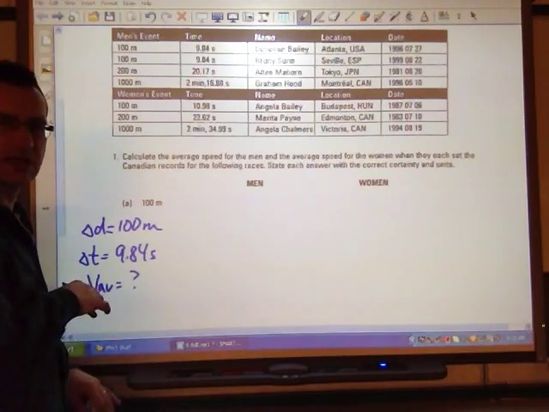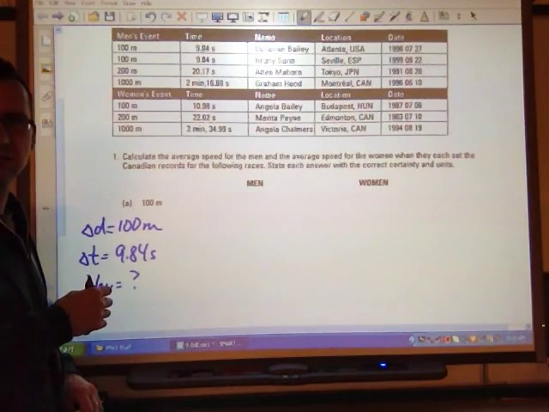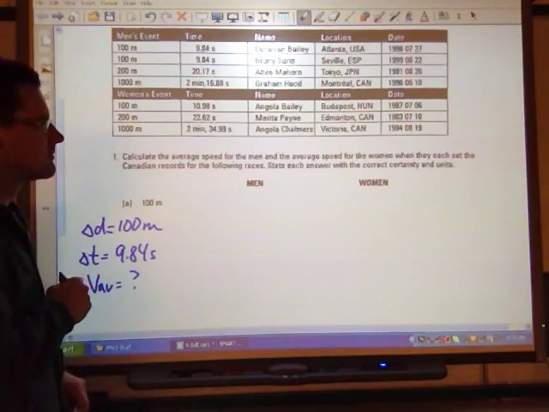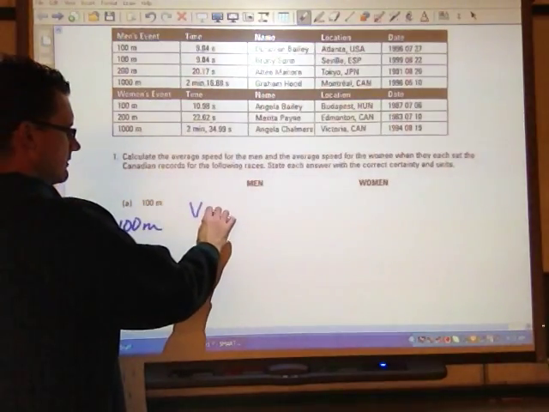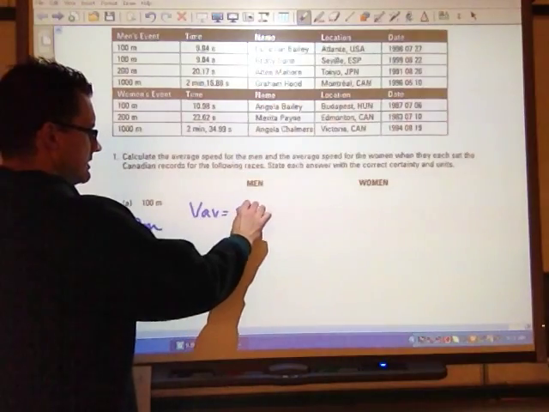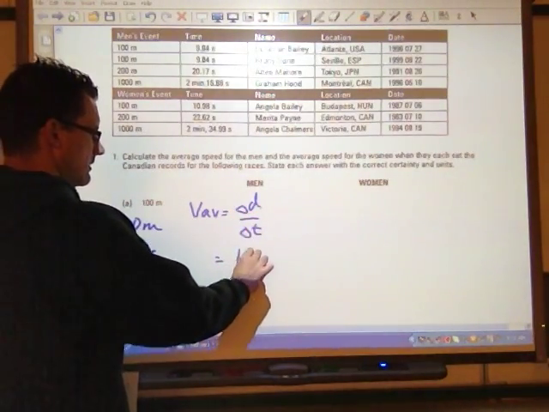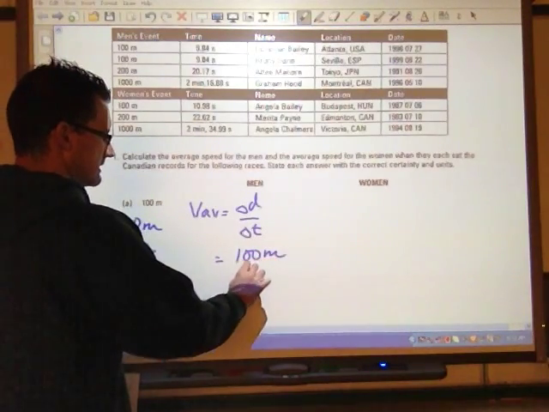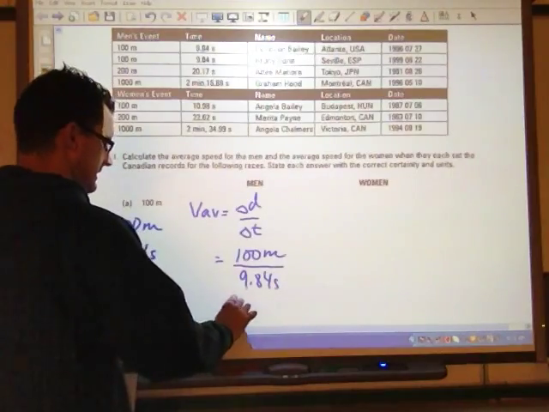It's a good habit to get into doing that, especially if you struggle with trying to figure out what you're asked to find or what you're given. Look at the question and pull all that out. So V average is equal to change in D over change in T. So 100 meters is the distance, 9.84 seconds is the time.